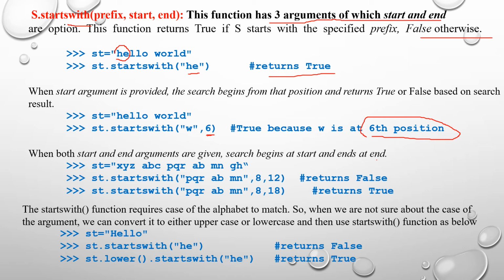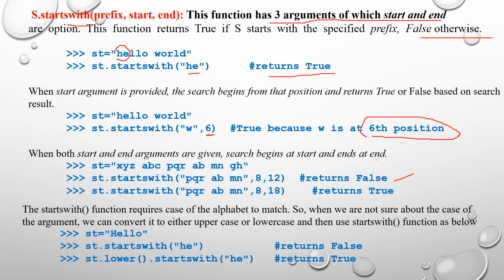So this is the string we assign to st. Here st.startswith("pqr ab mn") is the string, comma, and we give the start and end indexing values 8 to 12. So it will give False, because within the 8 to 12 indexing these alphabets are not available, so this instruction returns False.